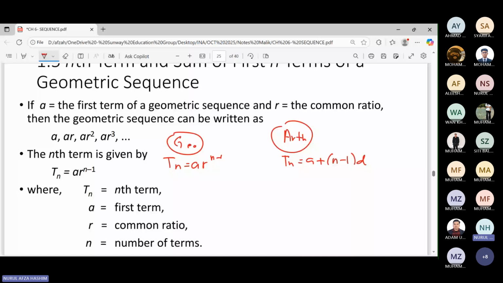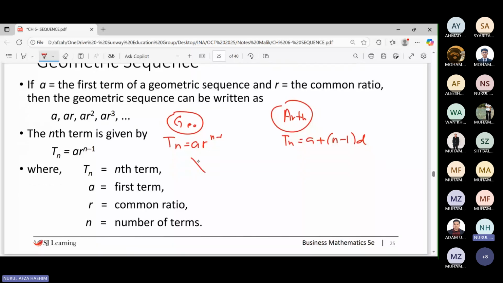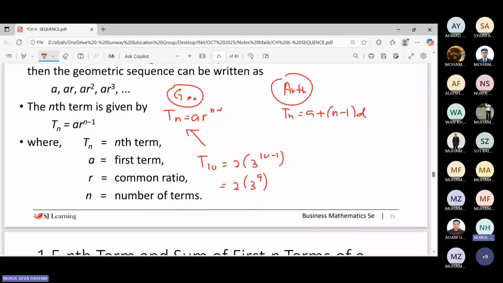Okay, and then be careful with this formula. For example, if you have T10 here, with A, let's say 2, and then 3 to the power of 10 minus 1, it should be 2 times 3 to the power of 9. Be careful, because some of you in the exam simply write down 6 to the power of 9, which is wrong.